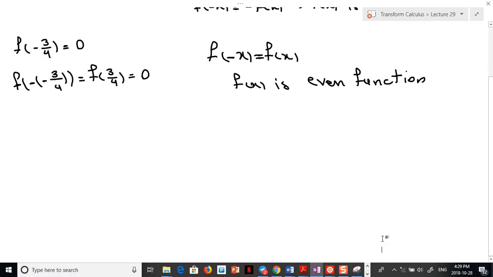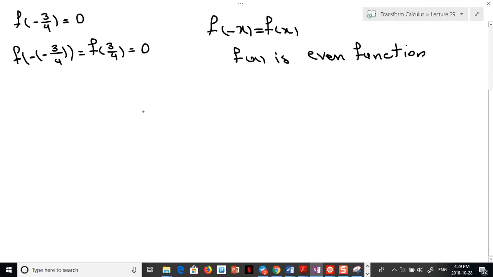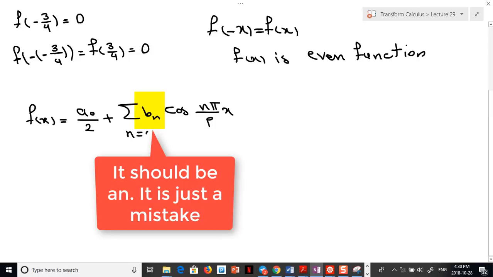So now we have f(x) as an even function, so we want to find the Fourier series of an even function, which is the cosine series. We know that for the cosine series, f(x) is equal to a0 divided by 2 plus the summation of an cosine n pi over p x, and n is from 1 to infinity.